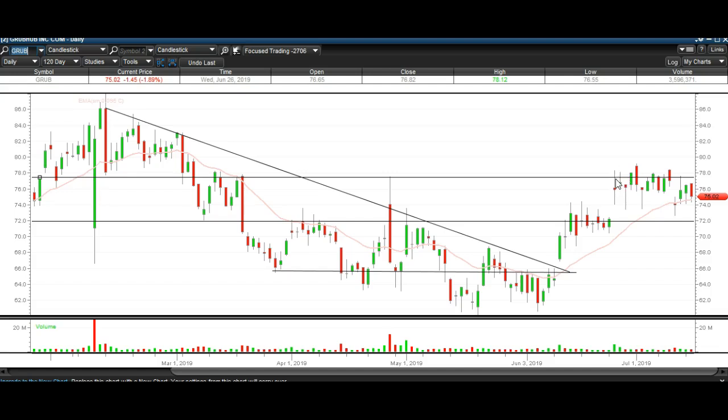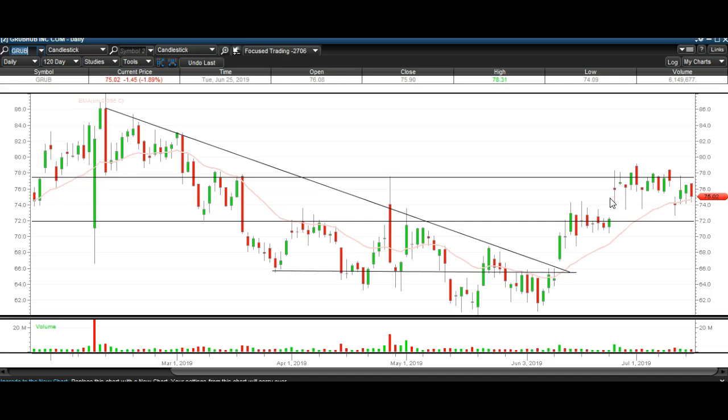We sold as it couldn't break over that resistance just yet, and because these are options, they are decaying with time. So we don't want to sit through all of this sideways trading. We want to just take our money and run and potentially re-enter, which we actually did on a different day, kind of over here, but I'll discuss that later in the video.